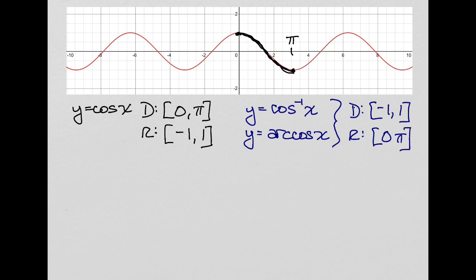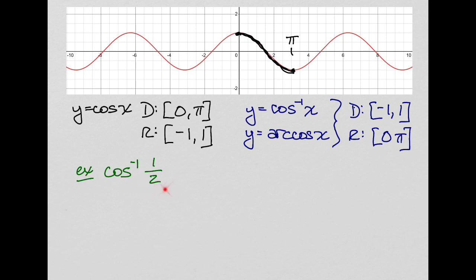Let's look at using this. Suppose I want to evaluate the inverse cosine or the arc cosine of 1/2. This means I'm looking for the angle whose cosine value is 1/2 that falls into the right range. The range for the inverse cosine function is 0 to pi, so that's quadrants 1 and 2 only.